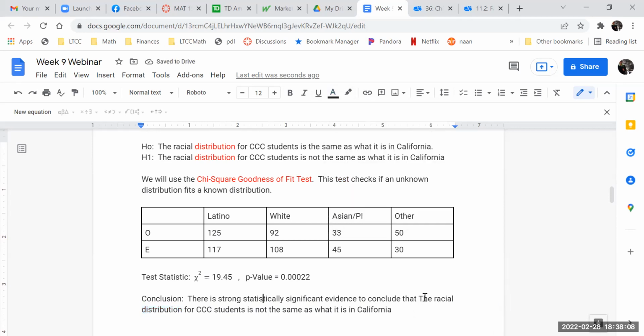Rewrite it, and maybe the should be lowercase: that the racial distribution for California community college students is not the same as what it is in California, period.